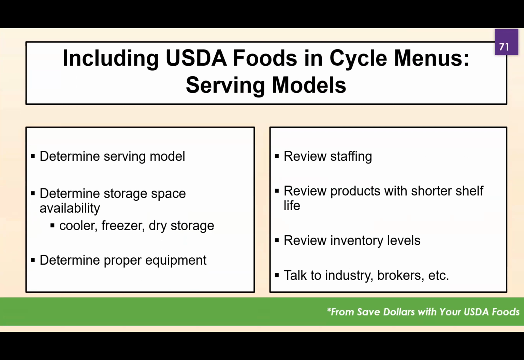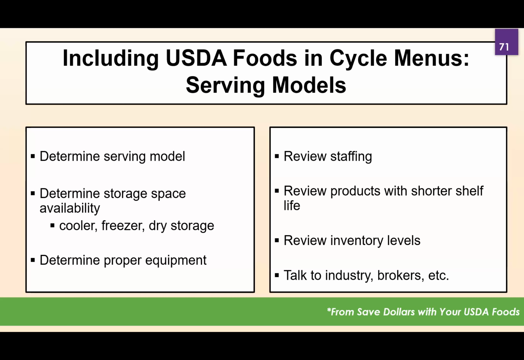So look at some serving models. Again, you always want to look at your space. What does your kitchen look like? Look at your storage space. If your menu includes USDA regular commodities, will you have enough space to bring it all in and have it delivered to you, or are you going to have it held for long-term storage at your warehouse, and then you'll be accruing storage costs?